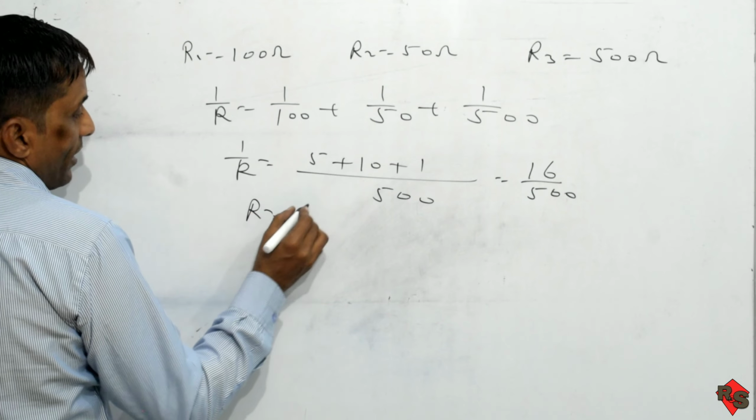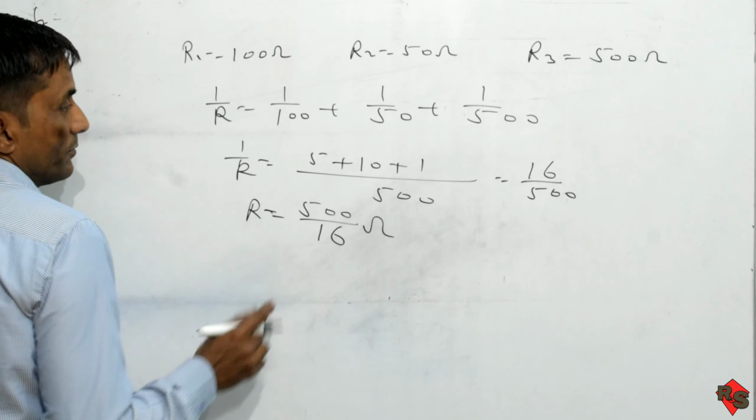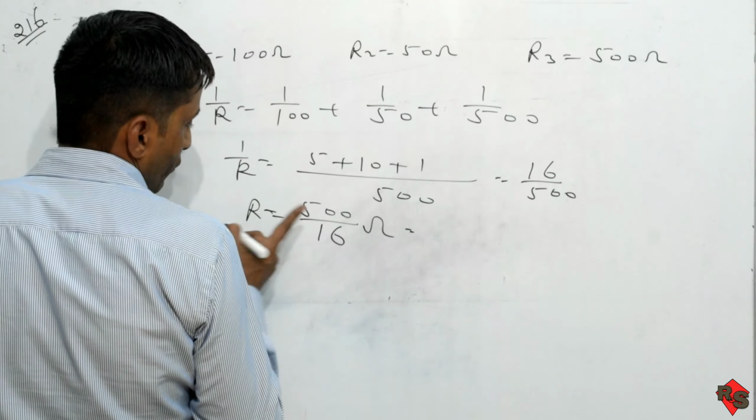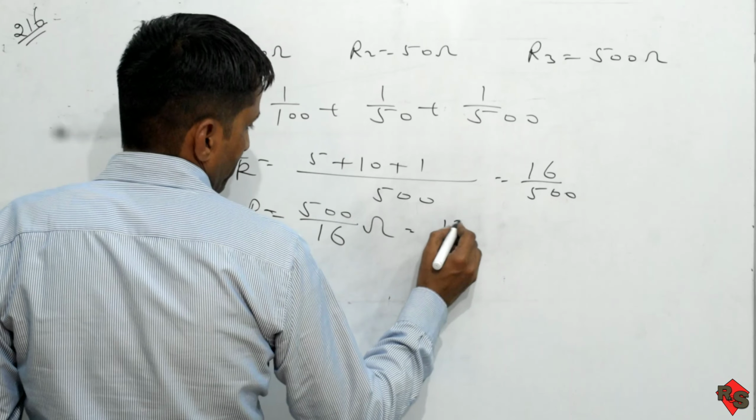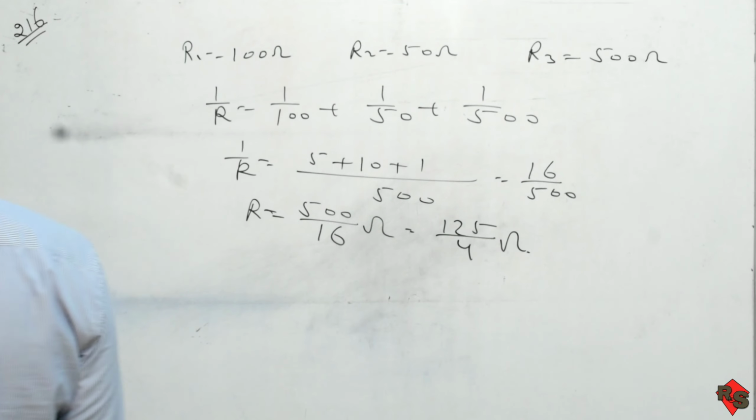So we can say R is equal to 500 upon 16 ohm. Clear? If we solve, that is 125 by 4 ohm. That is the resistance.